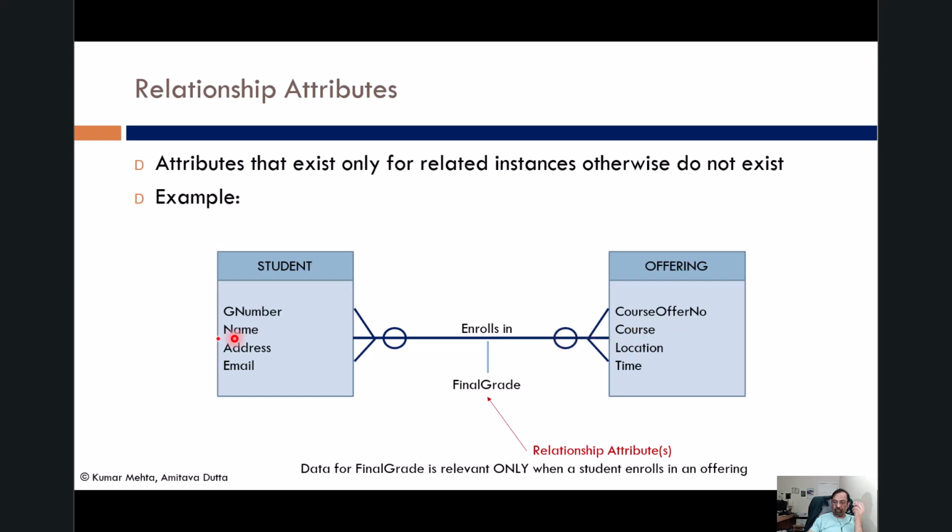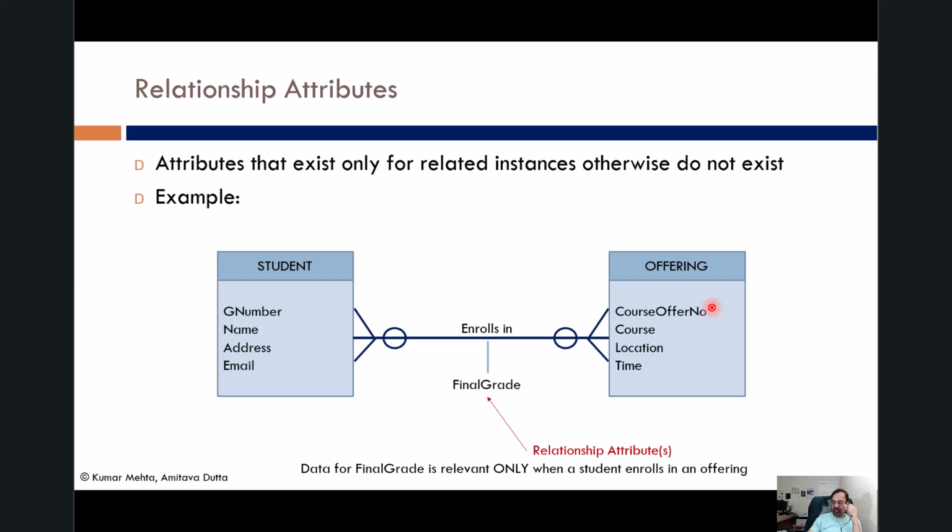If I go in the reverse direction, one offering enrolls at least 0 students and at most many students. So if I look at the maximum cardinalities on the two sides, here's the maximum cardinality on the left, here's the maximum cardinality on the right. In both cases, the maximum cardinality is many, and that's why we say this is a many-to-many relationship.